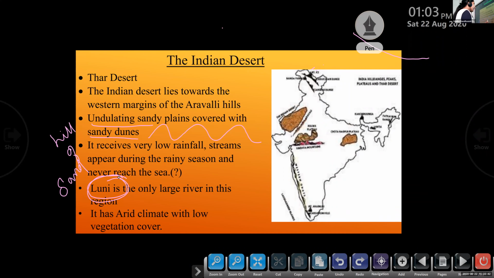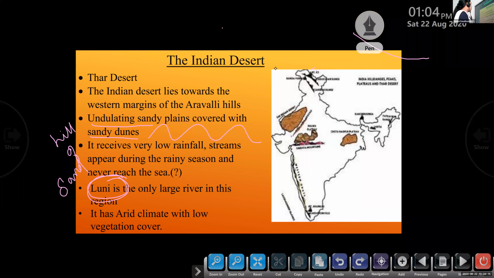Rivers and streams appear in the Indian desert only during rainy seasons. Some rivers will appear only during the rainy season, but they never reach the sea. Why? Because the water will evaporate, right?